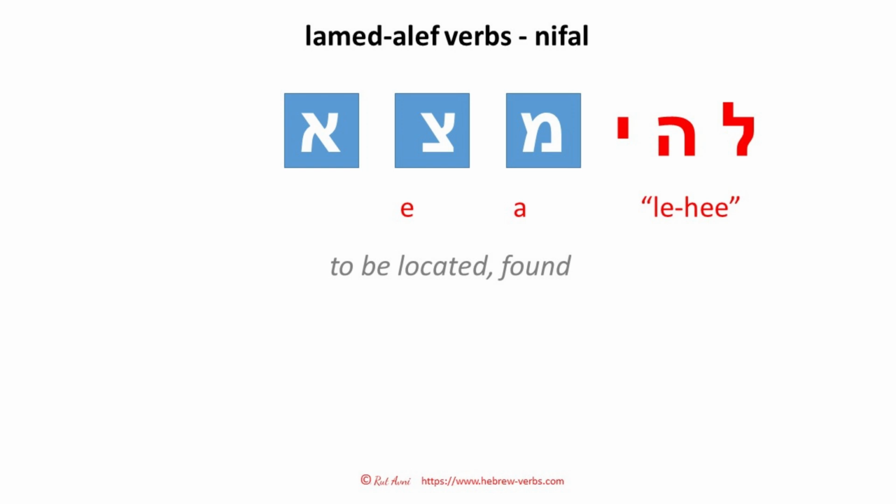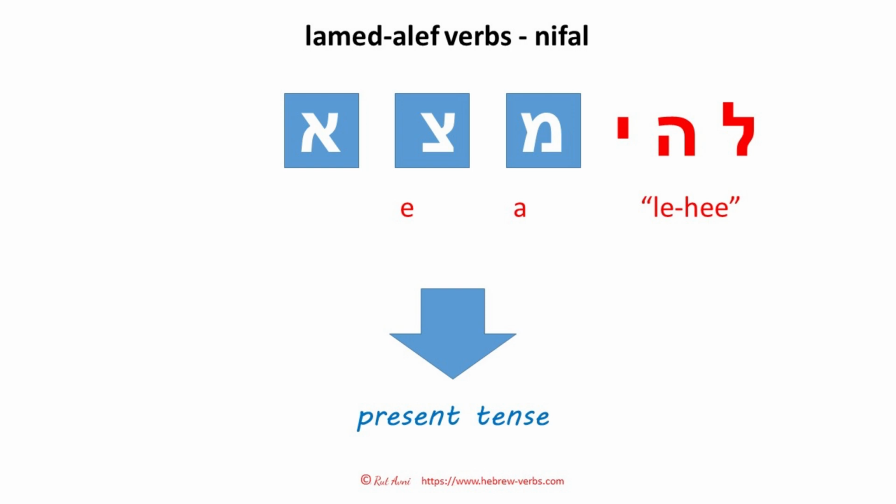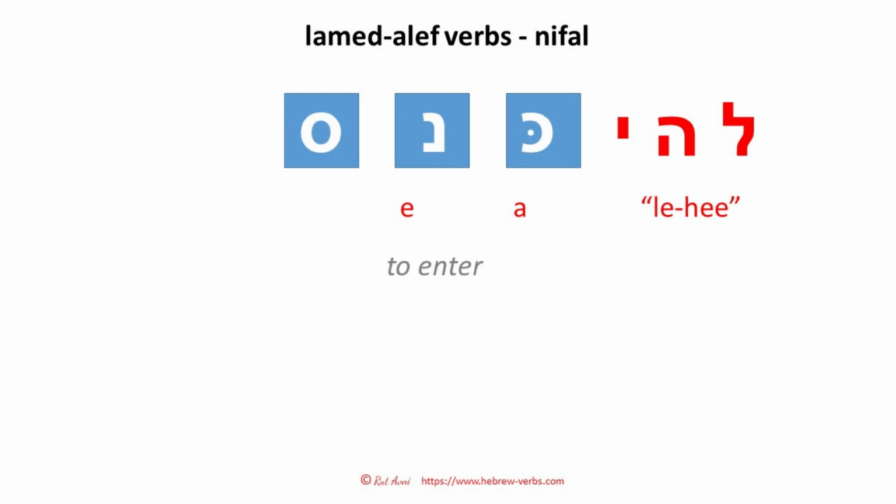And if you're still wondering, yeah, but in this case, what do I do with the present tense? Okay, go back to the one that I showed you without the aleph and look what is happening there. Let's look here. Lehikanes. We want to go to the present tense. So how do we do that?